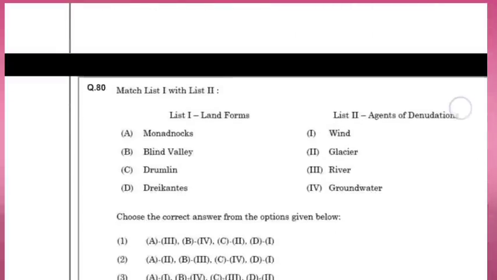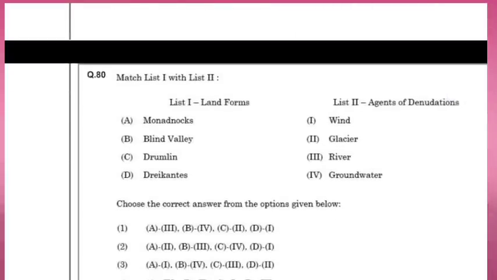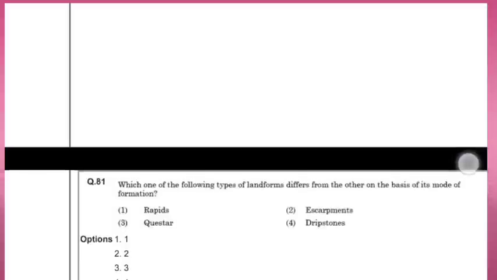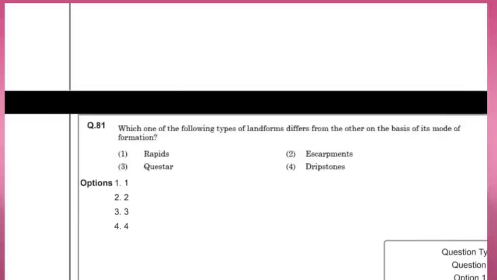And next question, match the following: Monadnock with river, Blind Valley with groundwater, Drumlin with glacier, and Barchan with wind. Definitely option 1 is the correct answer. And next question: which of the following types of landforms differs from the others based on their mode of formation?